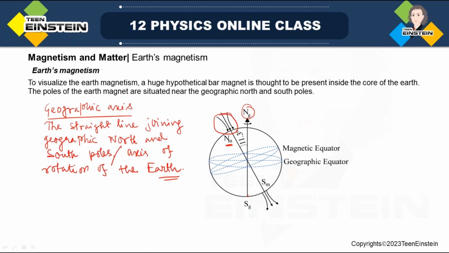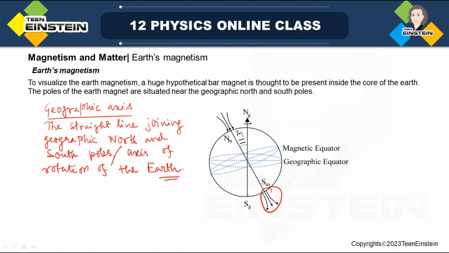So this should be south pole, but conventionally, to understand the earth's magnetism, sometimes north pole is denoted near the geographic north pole itself, and south pole is denoted near the geographic south pole itself. Okay, sometimes it is the notation.